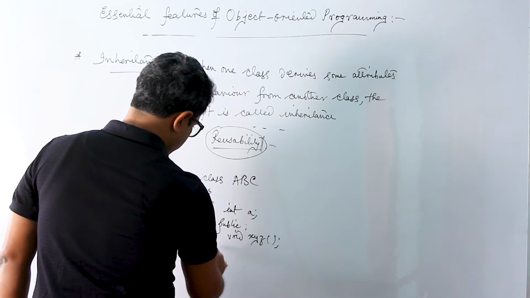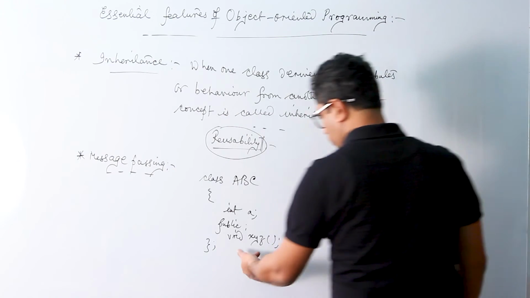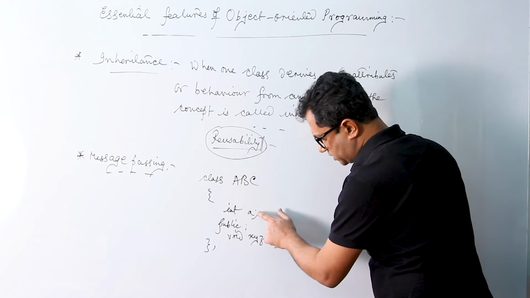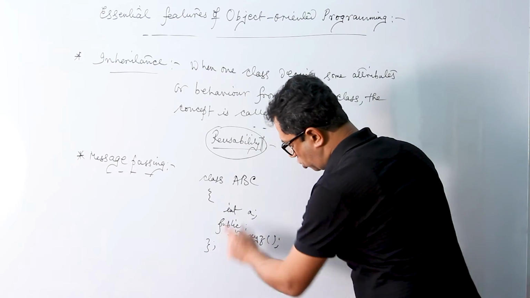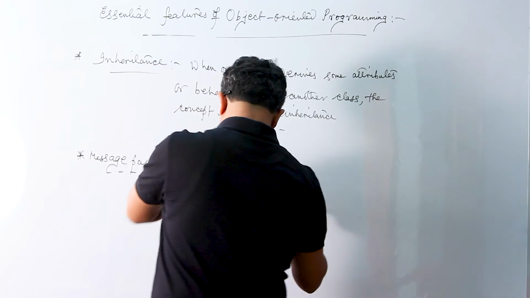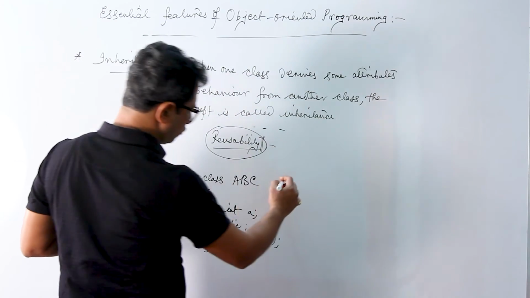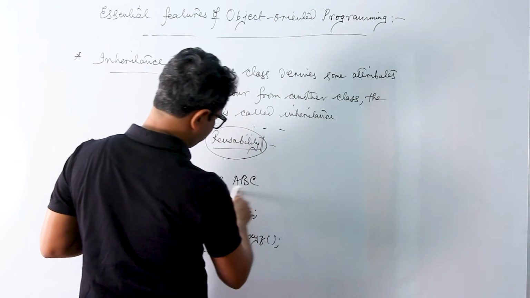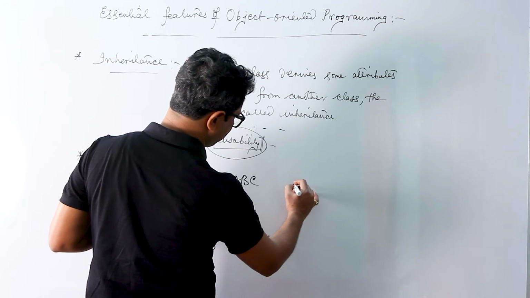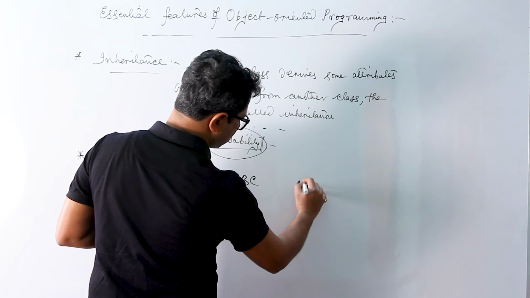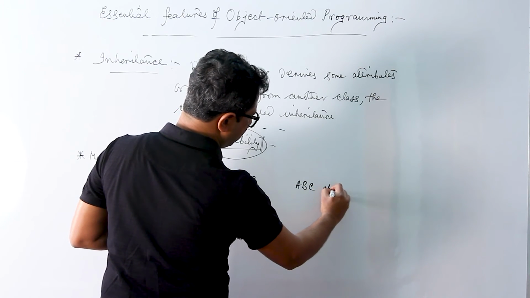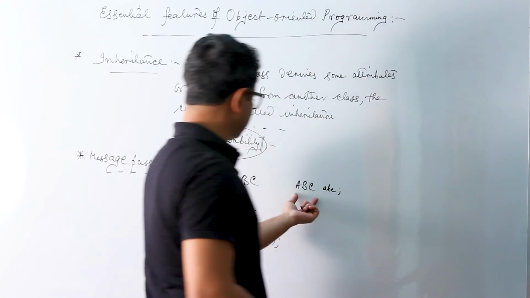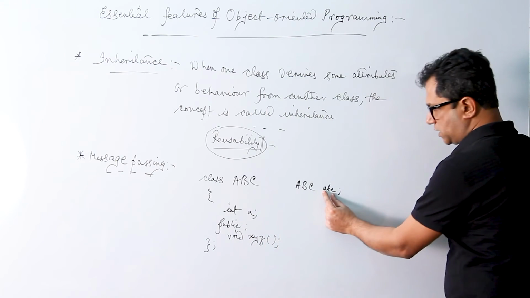And now, in order to call this function, which will act on this data member A, we have to call it in this manner: we have to create an object of this class ABC by writing in this manner. Suppose ABC.